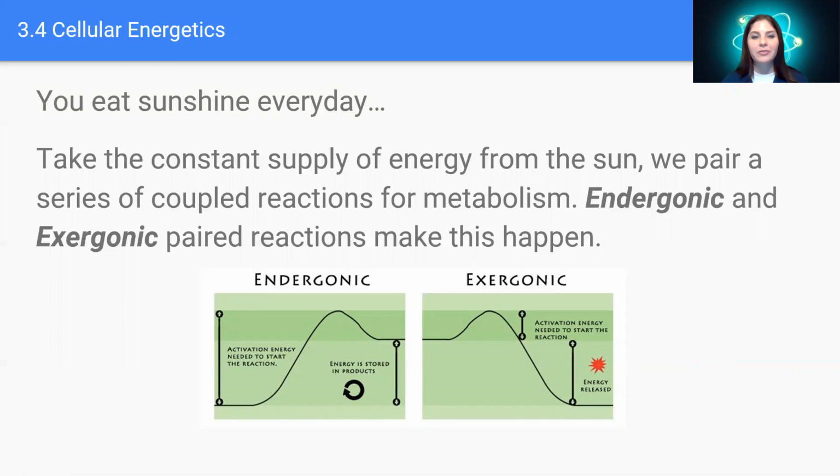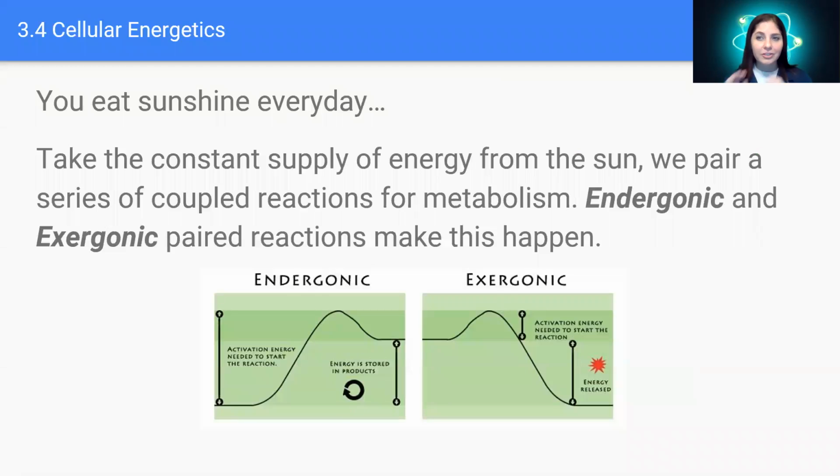In endergonic reactions, the activation energy needed to start the reaction is higher than in exergonic. In endergonic, we're basically storing energy in the bonds of compounds. An example of an endergonic coupled reaction would be photosynthesis, and the exergonic part of that would be cellular respiration.